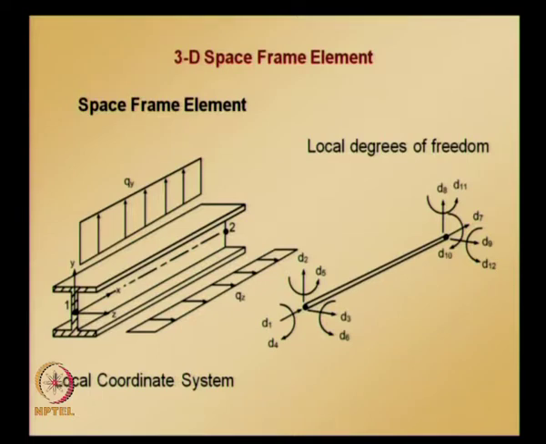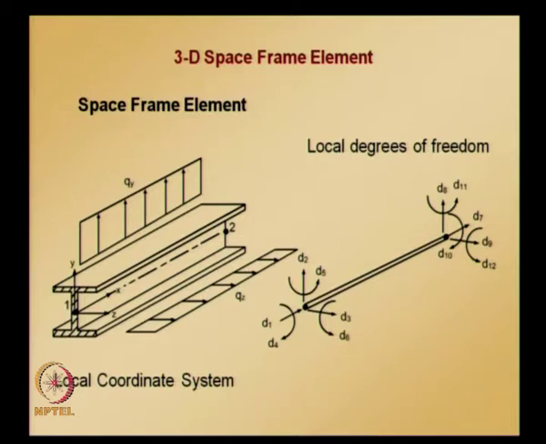If you see the figure, d1, d2, d3 are xyz displacements at node 1, and similarly d7, d8, d9 are the xyz displacements at node 2, and d4, d5, d6 are rotations about xyz axis at node 1, and d10, d11, d12 are rotations about xyz axis at node 2, and qx, qz and qy are the loads applied along the axis, in xz plane and in xy plane.